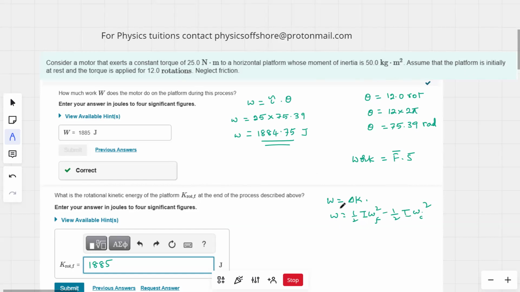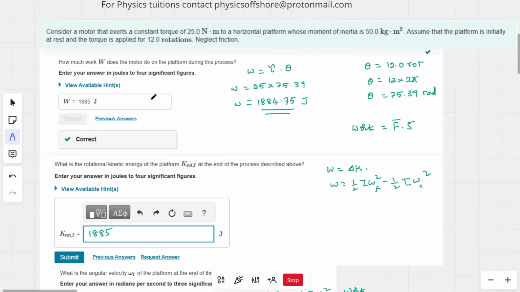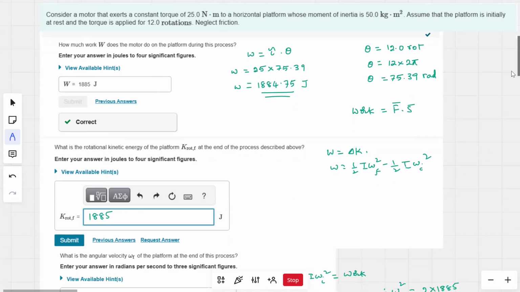Therefore, half I omega squared is nothing but the work done. So the same 1885 joules is the rotational kinetic energy.